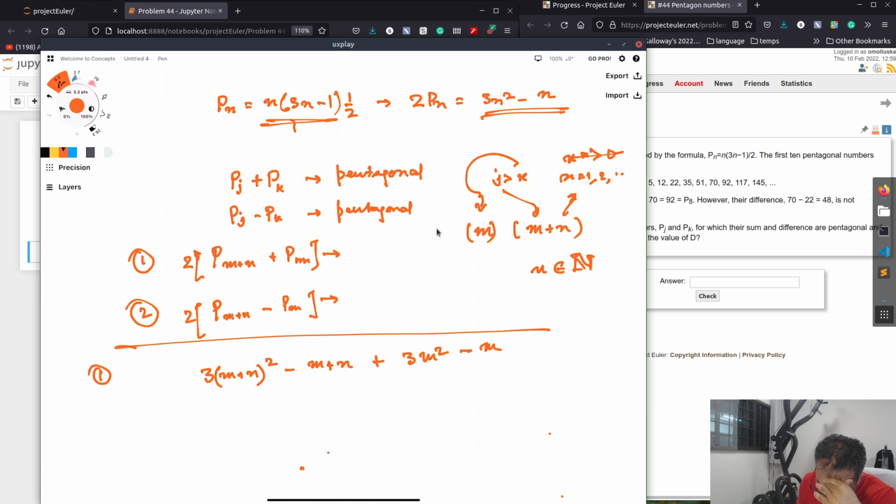Okay, and we have to write this entire thing as a pentagonal number. So 3m square plus 3n square plus 6mn.